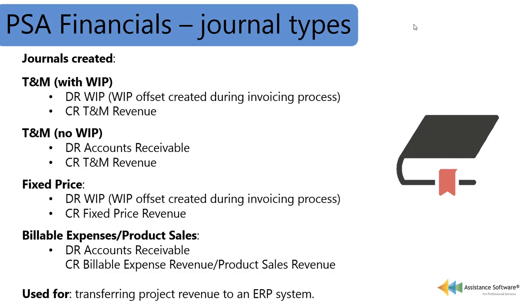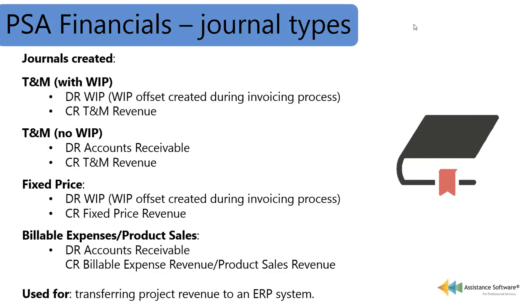So the journals that get created for these different revenue types. For T&M, if you use work in progress, work in progress is used if you're trying to recognize revenue at the time the costs are created. So essentially what you'll be doing is crediting your T&M revenue accounts and debiting an asset account like a WIP account.